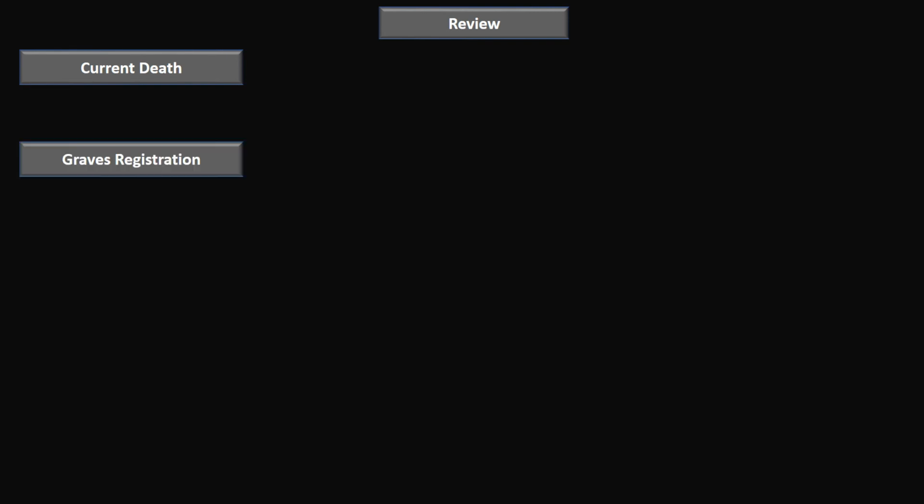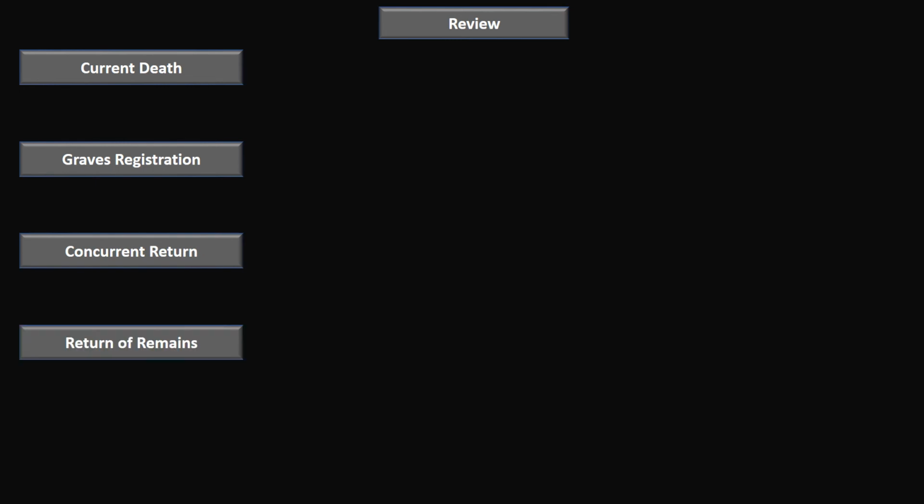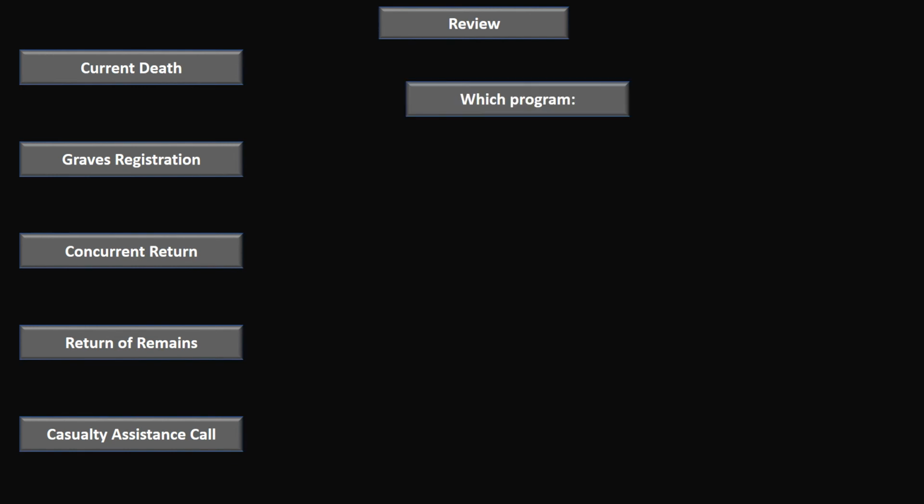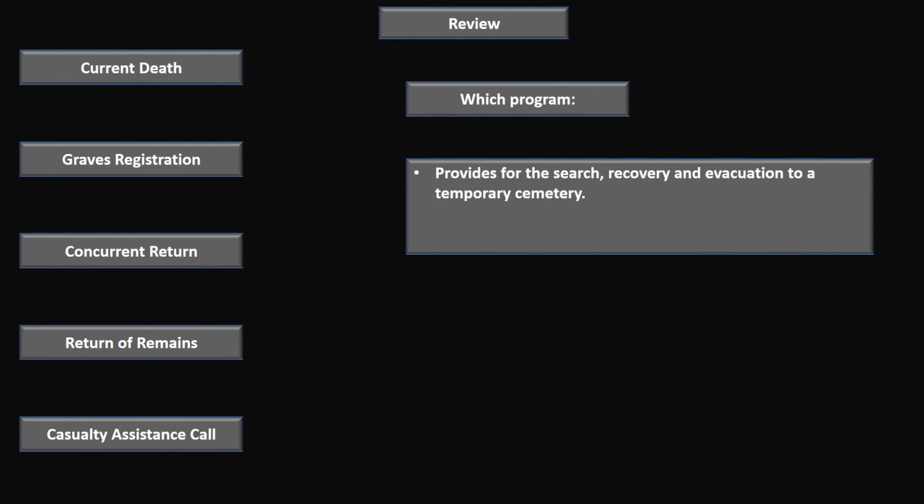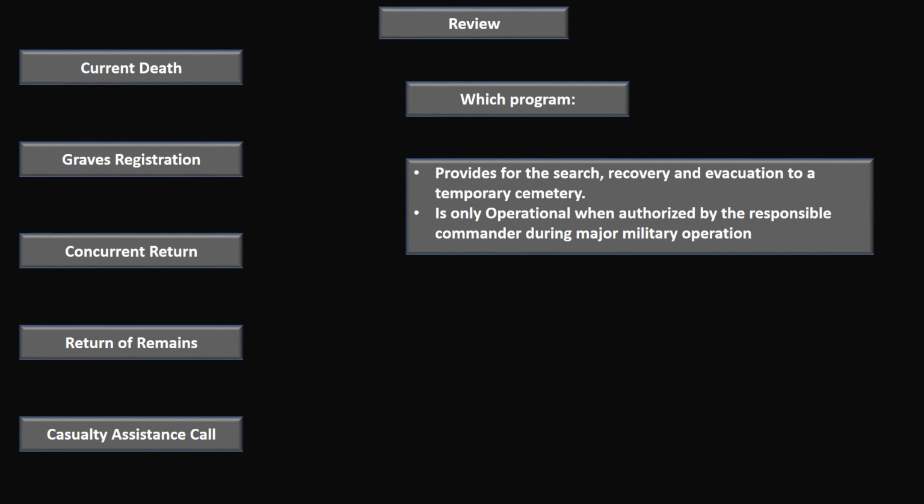Okay, let's review what we've gone over so far. Our programs: we talked about the Current Death Program, the Graves Registration Program, the Concurrent Return Program, the Return of Remains Program, and also the Casualty Assistance Call Program. Which program provides for the search, recovery, and evacuation to temporary cemeteries and is only operational when authorized by the responsible commanding officer during major military operations?